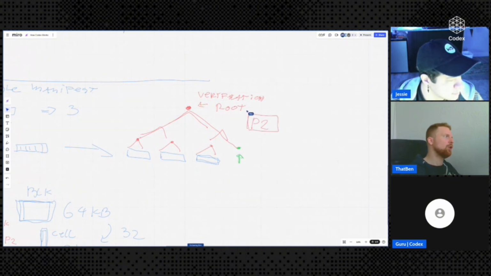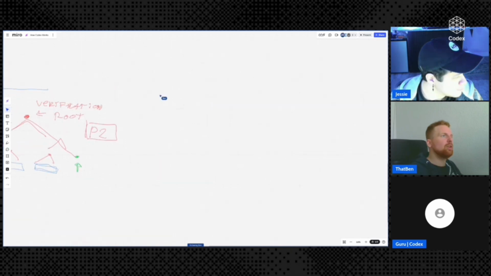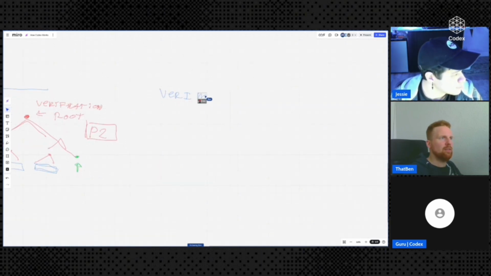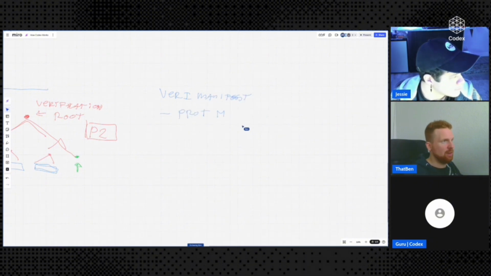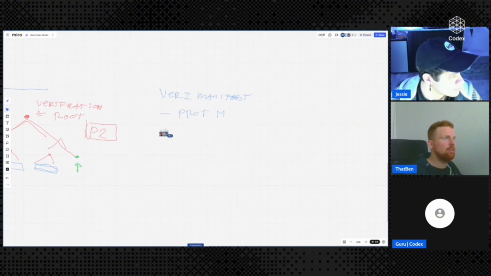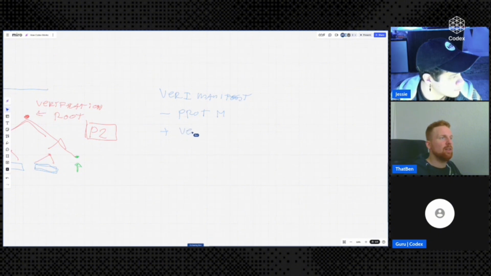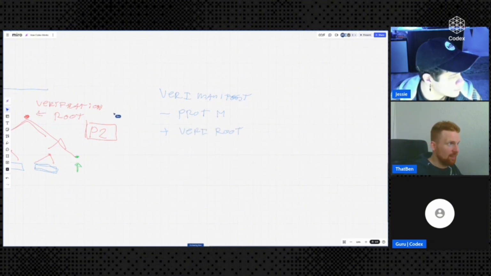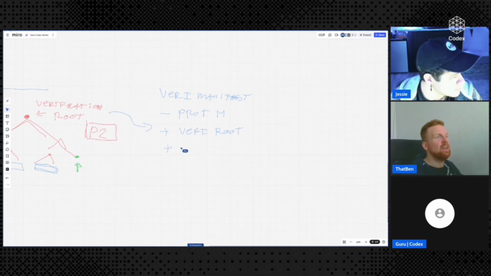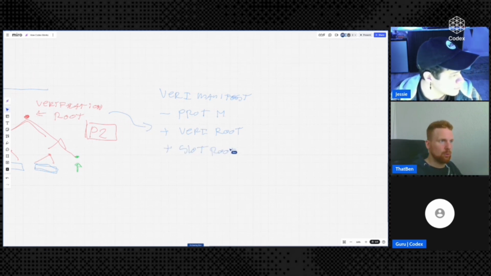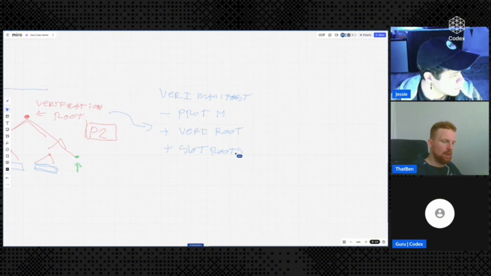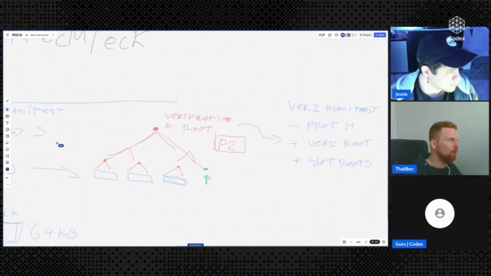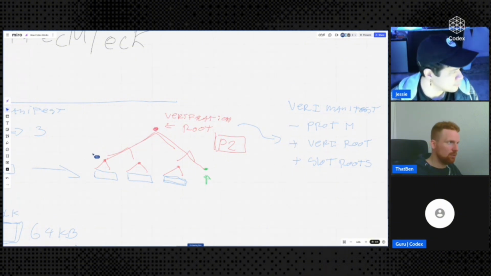So when we talk about how the proving circuit works, when we set up the verifiable manifest, it has everything that the protected manifest had, plus it contains the verification root, this thing, and it contains the slot roots. That's very important because it contains the top of this tree here.